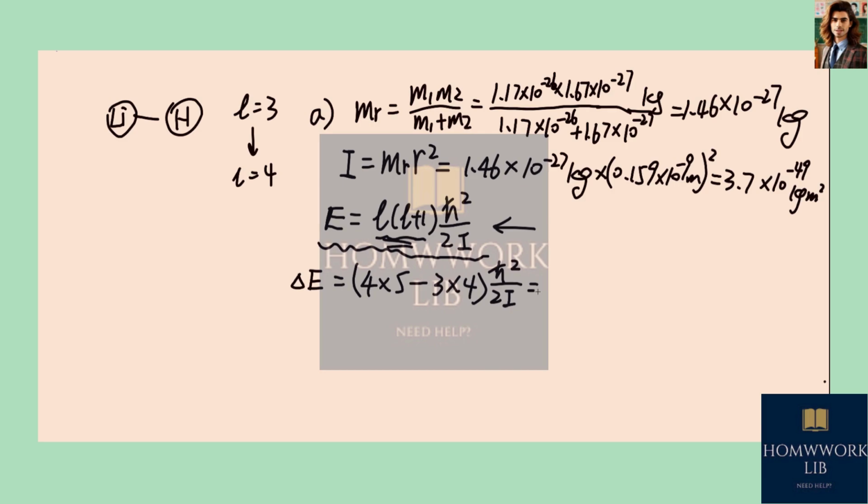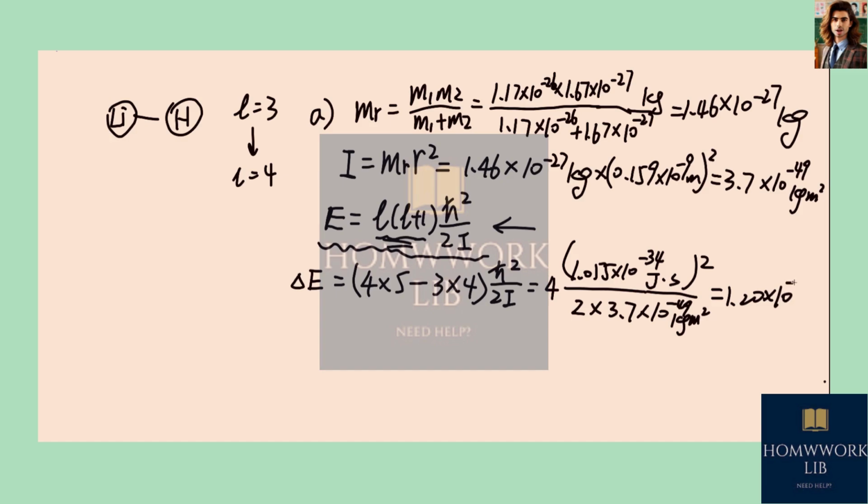So if we calculate this, we find that this is equal to 4 times h bar squared over 2I. h bar is 1.055 times 10 to the negative 34 joule seconds, the whole thing squared. And 2 times the moment of inertia we found in the previous step, 10 to the negative 49 kilogram meters squared. This turns out to be 1.20 times 10 to the negative 21 joule.